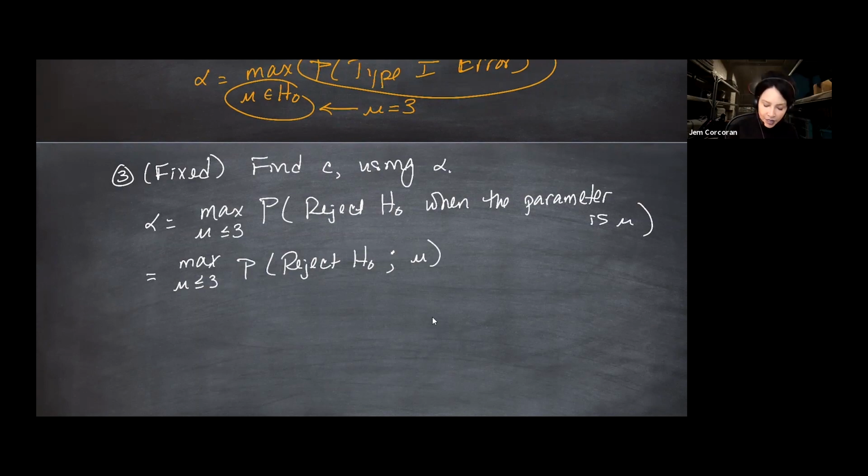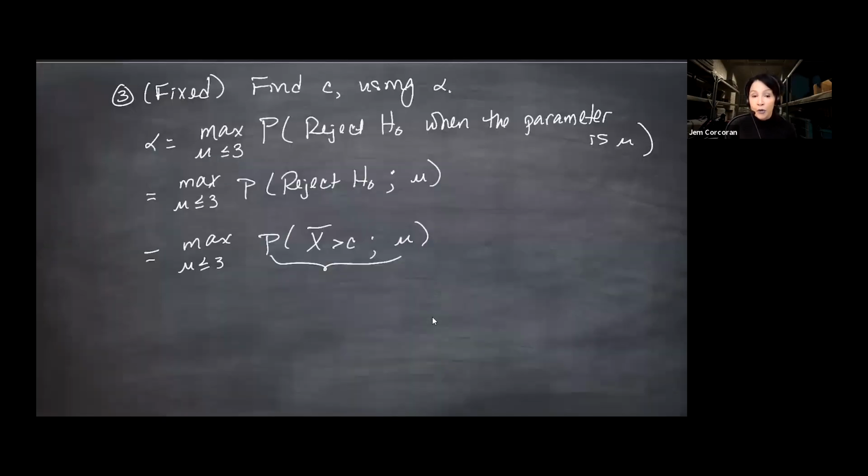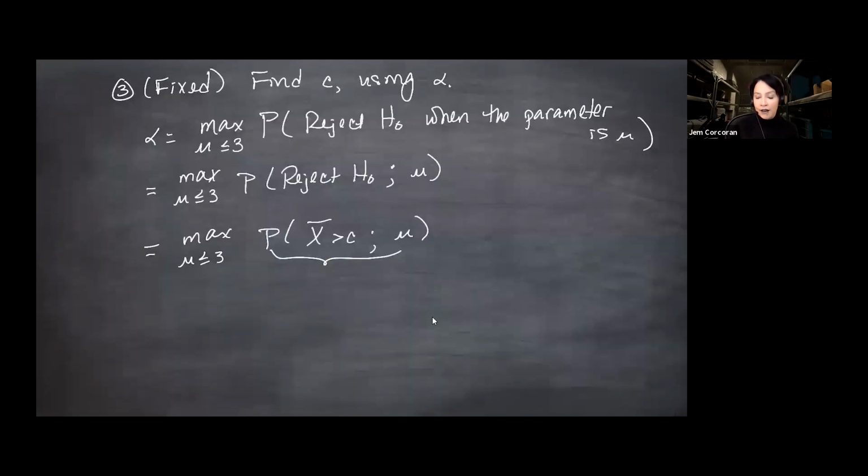Okay, so continuing with this specific example, this is the max over mu less than or equal to 3. Rejection for us meant that x bar is greater than some c, when the parameter is mu. We can work out this probability, forget about the max for a moment. If we have a normal distribution to start with, then x bar is still normal, not using the central limit theorem, but just because a linear combination of normals is normal.